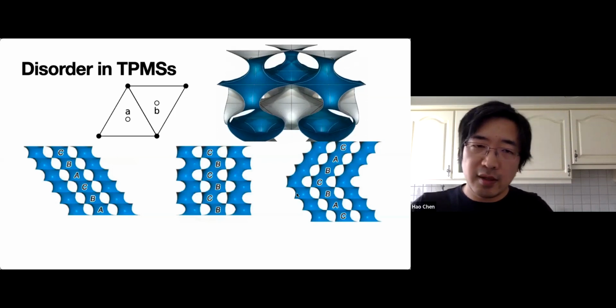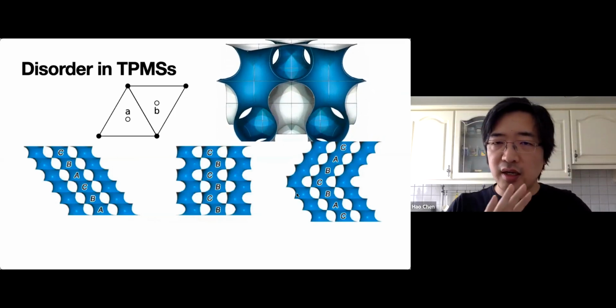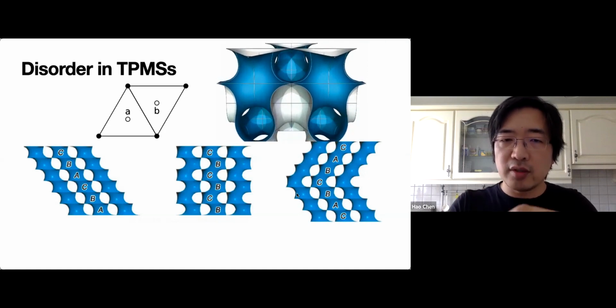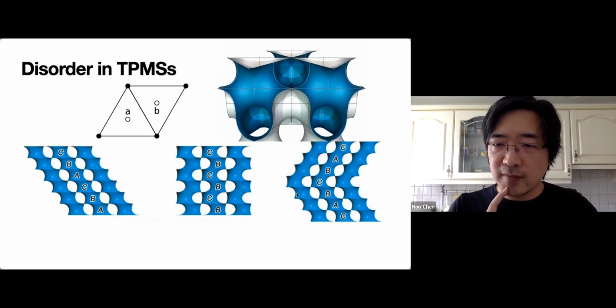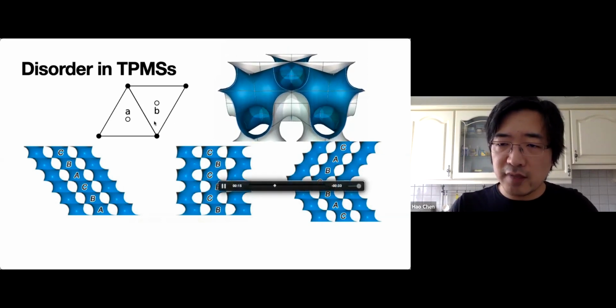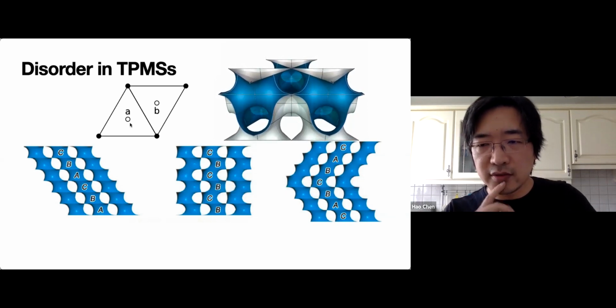So now let's consider the Schwarz D surface again. I said that they are obtained by opening nodes where the nodes are arranged in a triangular lattice. So nodes in each layer form a triangular lattice. And where is the node in the adjacent layer, in the next layer?